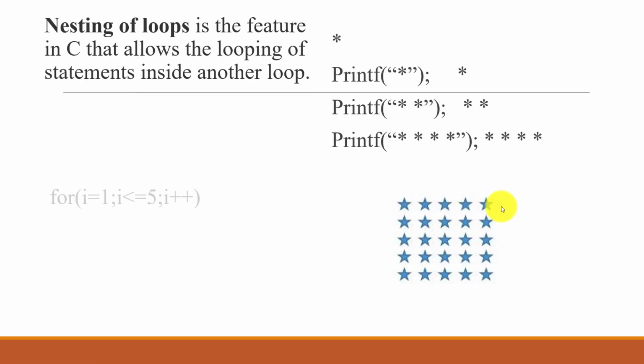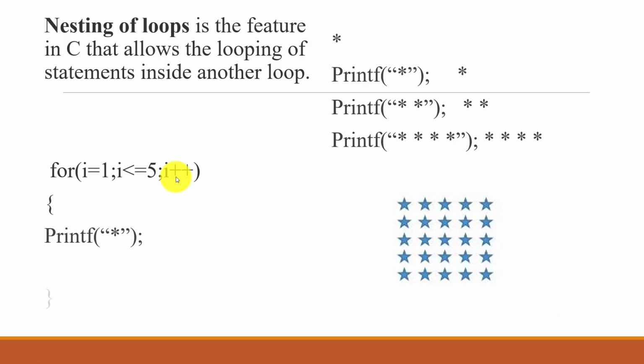I can use this kind of loop, for i equal to 1, i less than or equal to 5, and i plus plus, and in printf I simply write a star. So this loop is going to execute till 5.